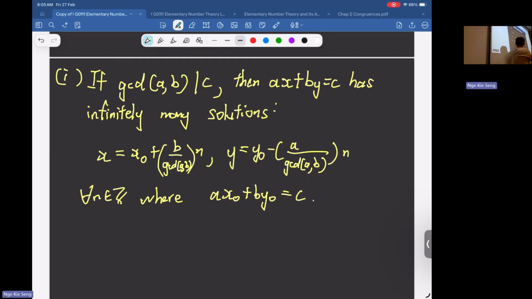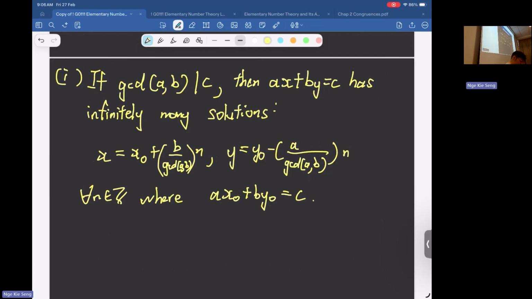Note that I use a fraction here, but this fraction is not really a fraction. It's an integer, because the divisor will divide a and b. Although I write it as a ratio, it's really an integer because it's divisible by the GCD. And there's some sign difference here.